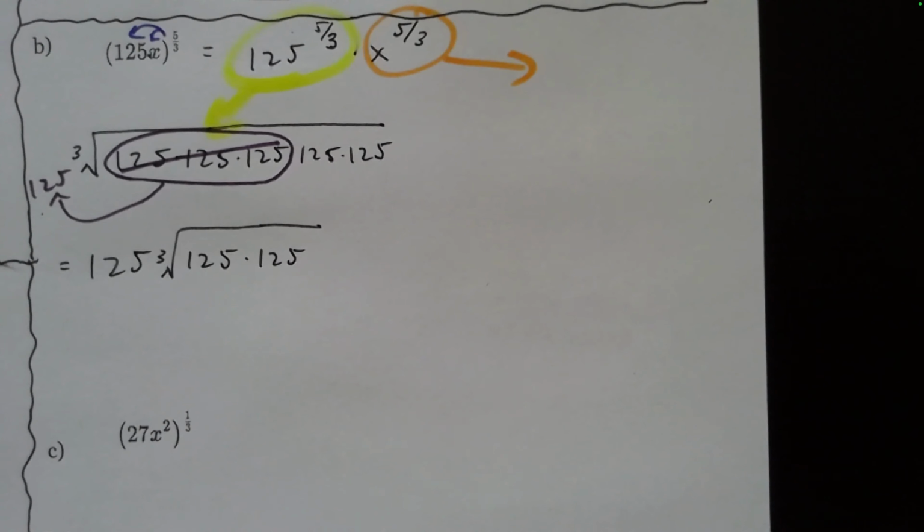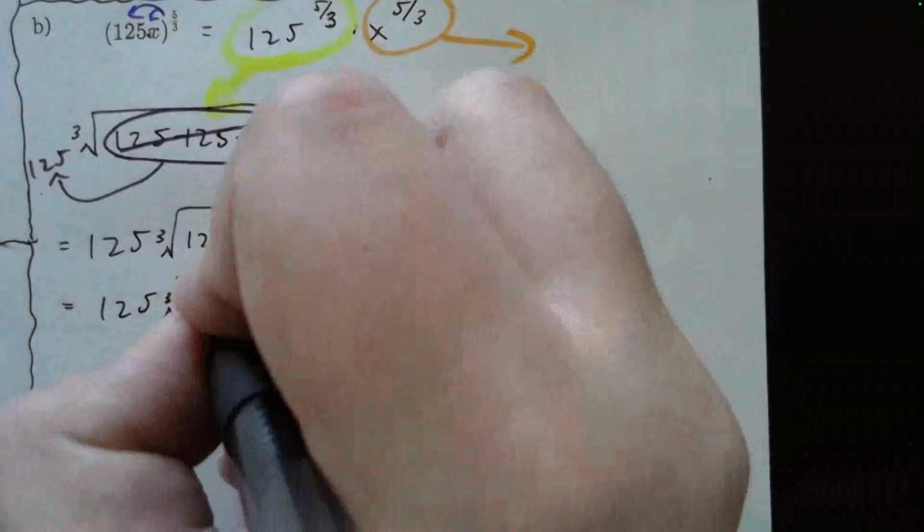125 is 25 times 5. Circle the 5. 5 times 5. So 125 is really 5 times 5 times 5. So if each one of these 125s is 3 5s, how many 5s do I have? 6. So 5 to the 6th power.